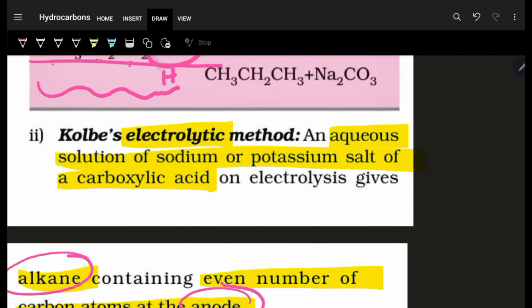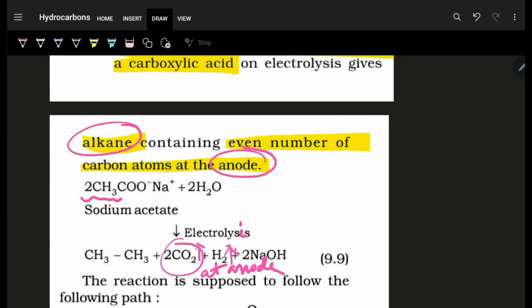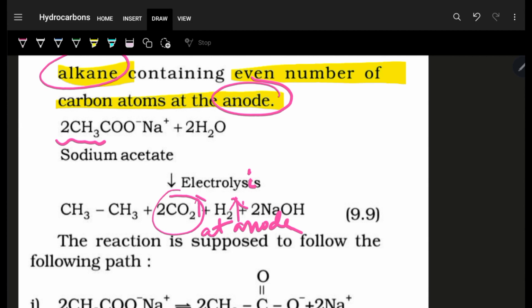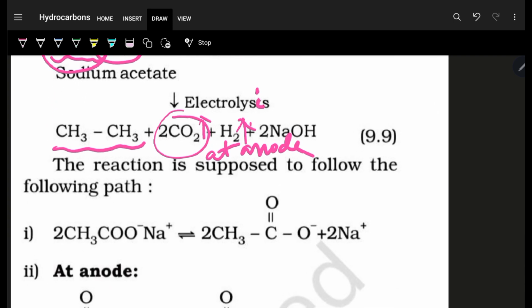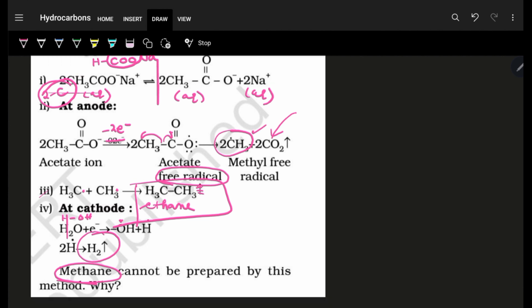So in Kolbe's electrolytic method, what did we see? If we take 2 moles of sodium acetate, it forms CH3 from this part, and it gives out CO2 and H2. At the anode you get 2 moles of methyl free radical and 2 moles of CO2.